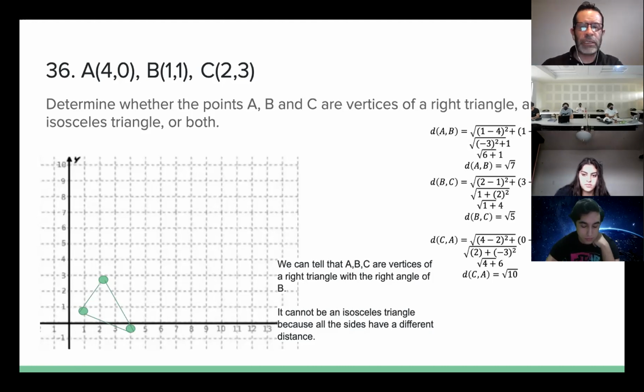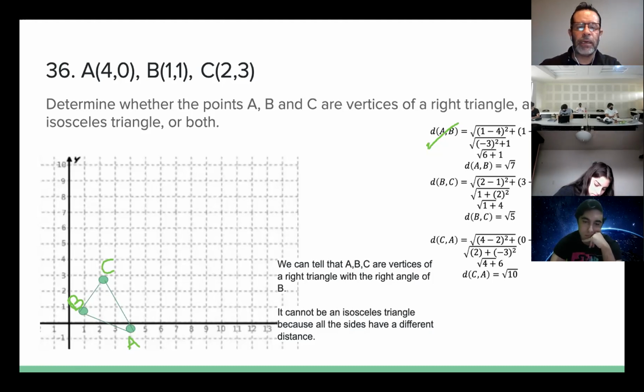I'm just going to mark this here and let me know if I'm correct. From what I'm seeing, this point is A, this point is B, and this point is C. Is that correct? Yes. Right. So this calculation here is correct. This is the distance between A and B, which is the square root of 7. Let's see if we did that correctly.